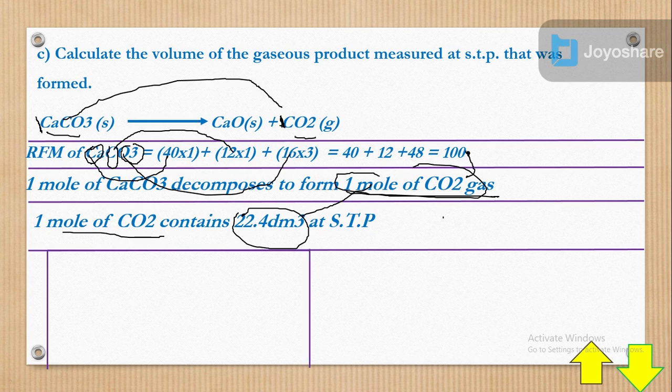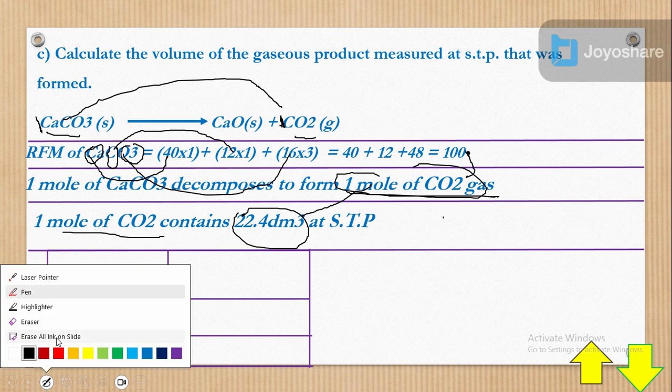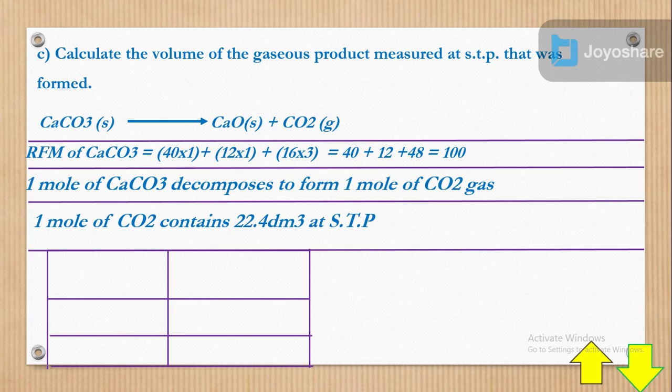Okay, now let's do our table. I prefer using the first principle approach. This simplifies things. Now remember, we are talking only about calcium carbonate and carbon dioxide, so those are the ones I'm going to put in my table. So here we go: mass and volume.